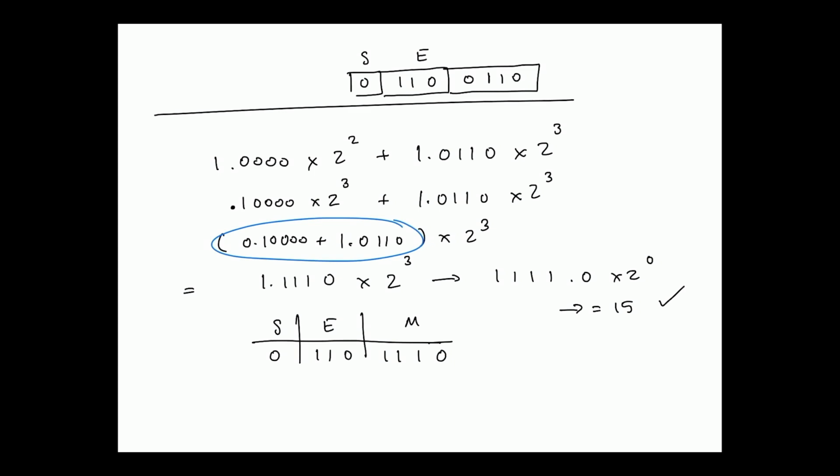Does that make sense? Okay, so the TLDR here is, in order to add two of these things together, denormalize the one that has the smaller exponent, do the addition the way addition just works, and if necessary, renormalize the answer. We didn't have to renormalize anything here, so that was no big deal.